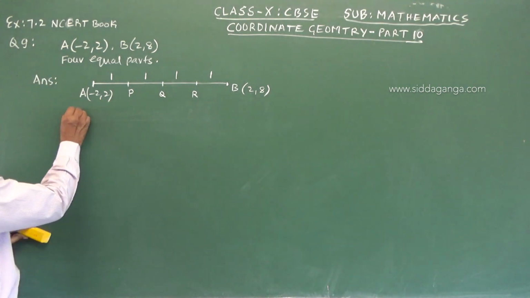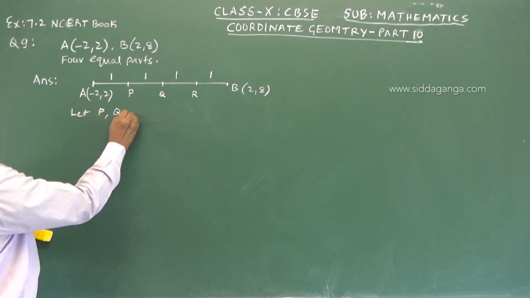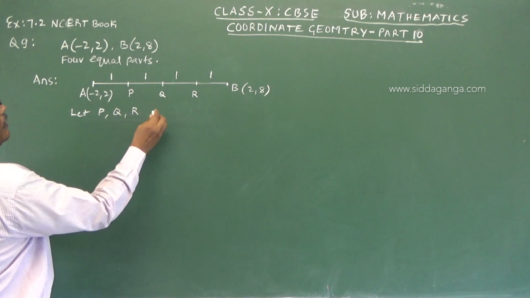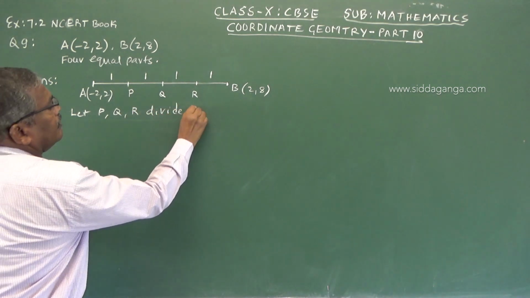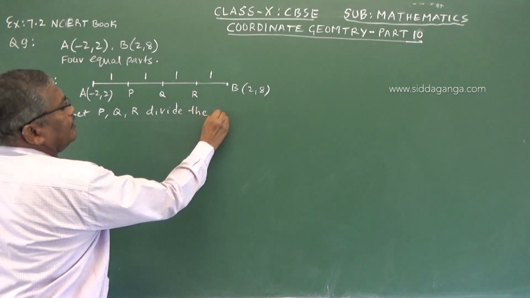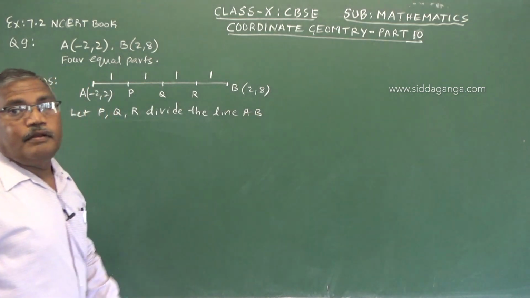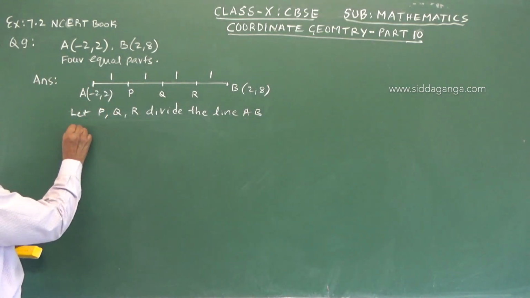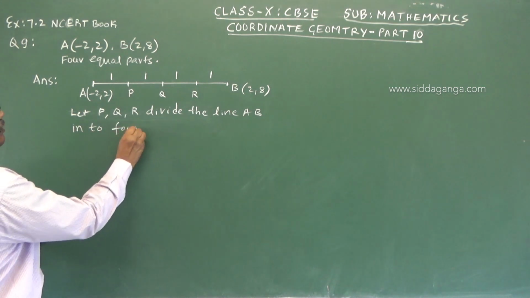Let P, Q, R divide the line AB into 4 equal parts.